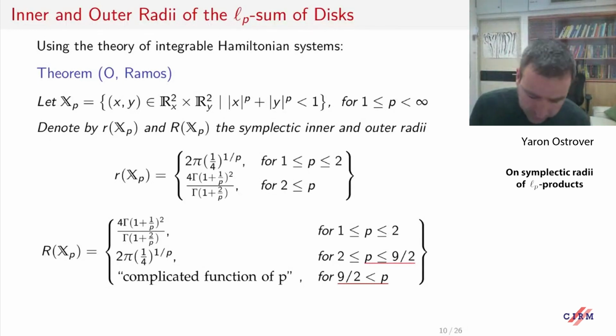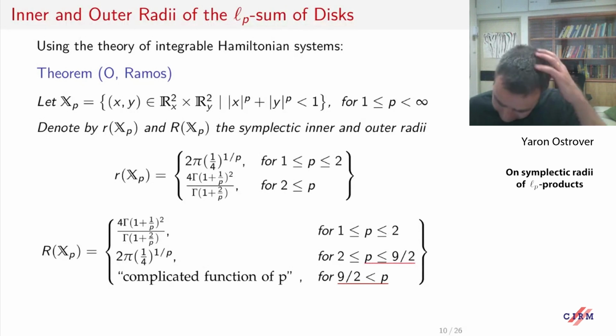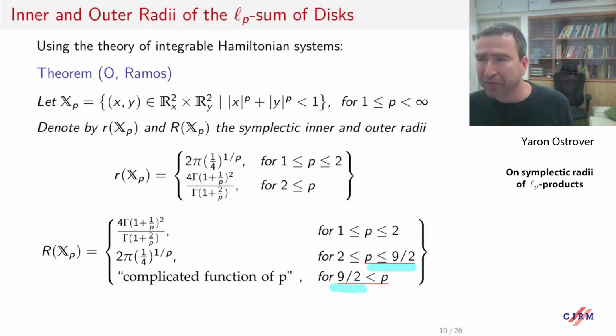Now, I want to emphasize, and I will try to explain where it comes from, that this phase transition at P equals 2 is in some sense not very surprising. I can explain where it comes from. But note that here we have another sort of phase transition at P equals 9/2.